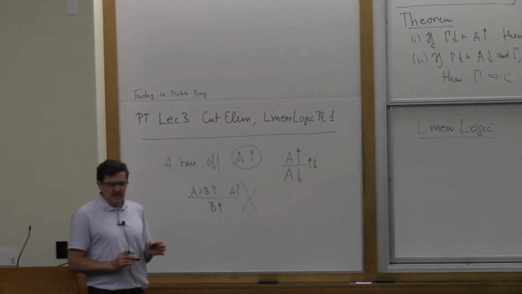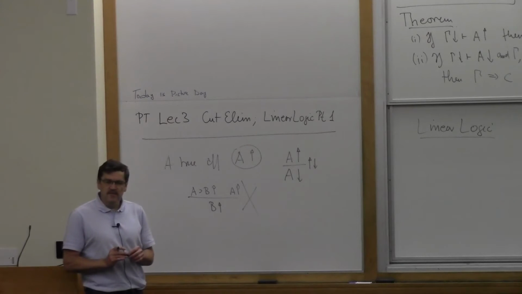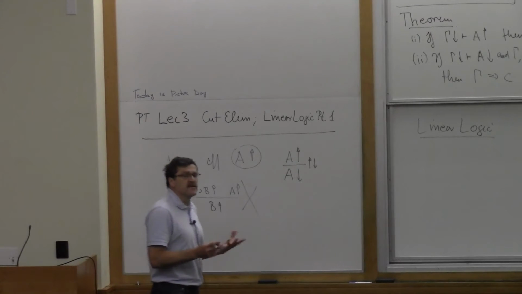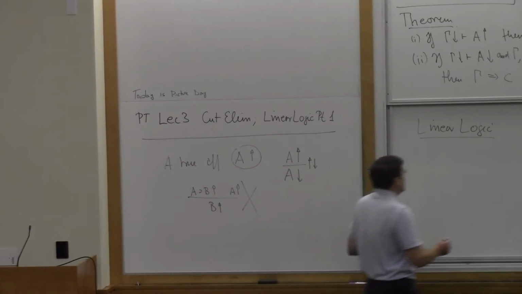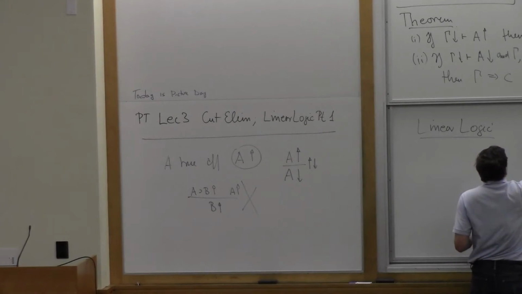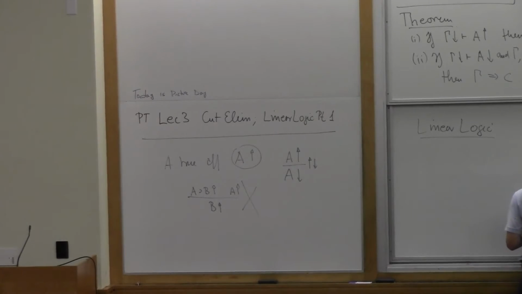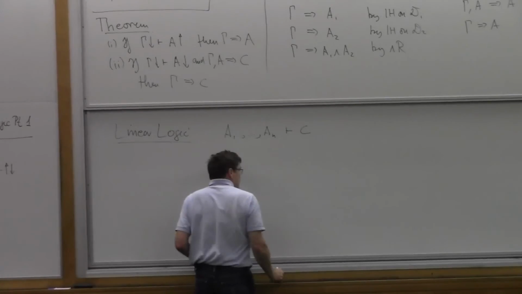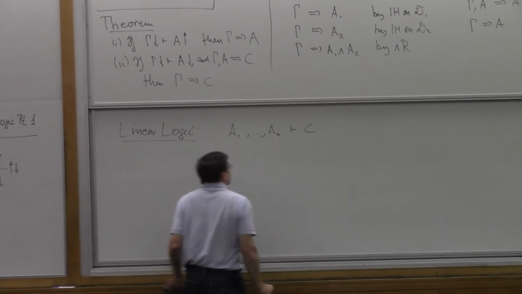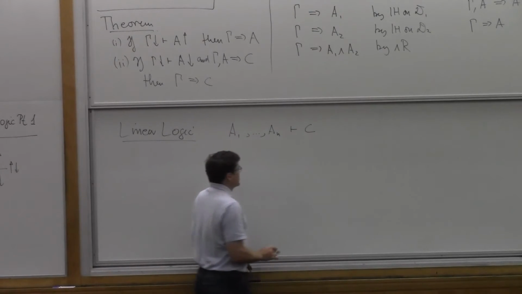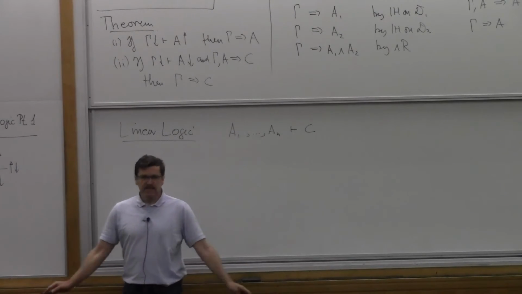Linear logic, in some way, you can think of simply as arising when you take away weakening and contraction. So if you have something like this, A1, ..., An, proof C. Now I should invent a new symbol. Maybe I'll just write a turnstile because, okay, forget everything I've said in the first 4 lectures.